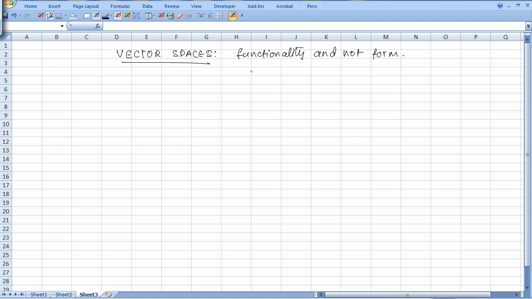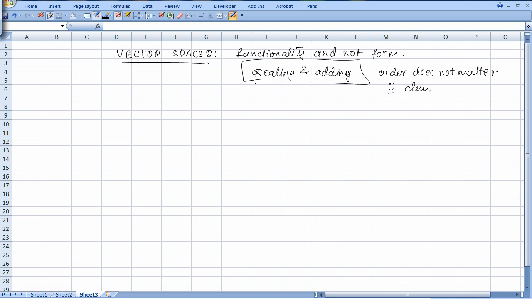And in our particular case, it is a question of scaling and adding. These two operations should be very clearly and easily doable, and order should not matter. And there is a zero element. That is an element that does nothing. If you have these properties, then you have a reasonable vector space.